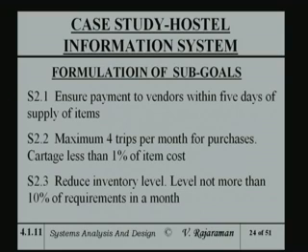What I mean by cartage is the transport cost of transporting items. And reduce inventory level to not more than 10% of the requirements of a month. So, this again is quantified, that is, you have an existing inventory level, reduce it to not more than 10% of the requirements.